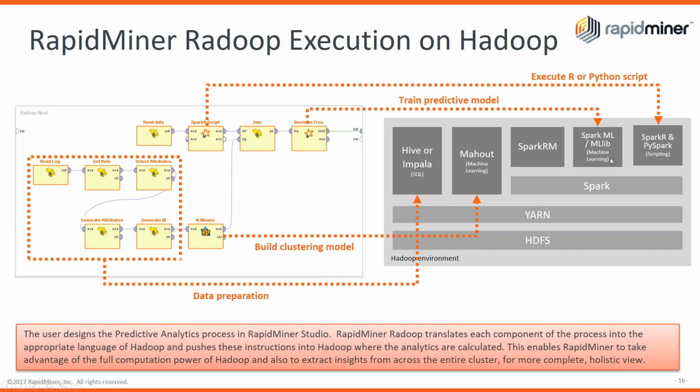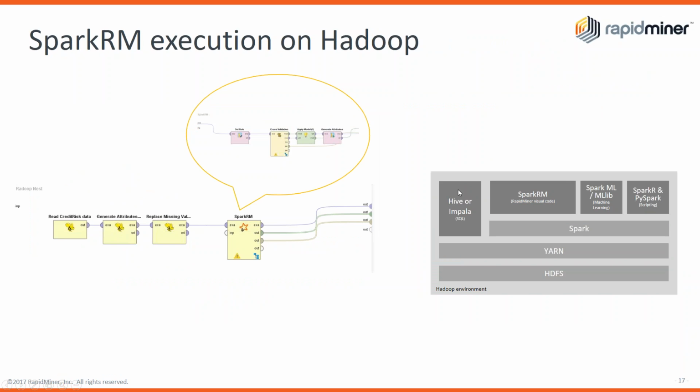And then what we are doing now is adding a new kind of box, the Spark RM operator, where we can add just any kind of sub-process inside it. Here in this example I have added cross-validation, so it's not just algorithms, it's just anything. And then what happens is that this is encapsulated, sent to Hadoop, and executed on the partitioned data, right?